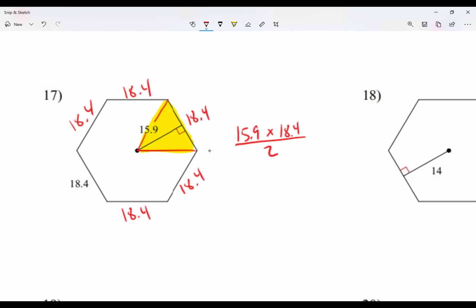That will give me that triangle. When I cut this with all my radii, from the center to all the corners, I notice there are 6 triangles. The figure had 6 sides to begin with, so I'm going to multiply all this by 6. It's 15.9 times 18.4 divided by 2. So this fraction gives me the area of one triangle. I multiply by 6 because there are 6 triangles.